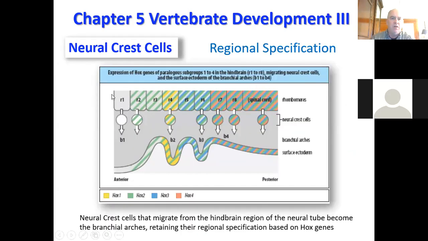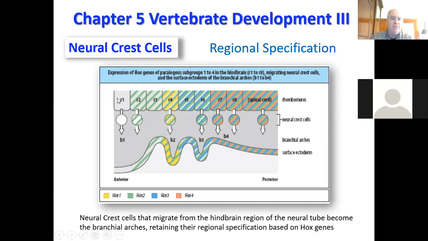So here we are, looking up in the brain. These are rhombomeres. Somites are mesodermal segments going through the body. Rhombomeres are segments of the neural tissue going through the body. So these are brain rhombomeres, and then these are spinal cord. So this is basically neural tube segments.